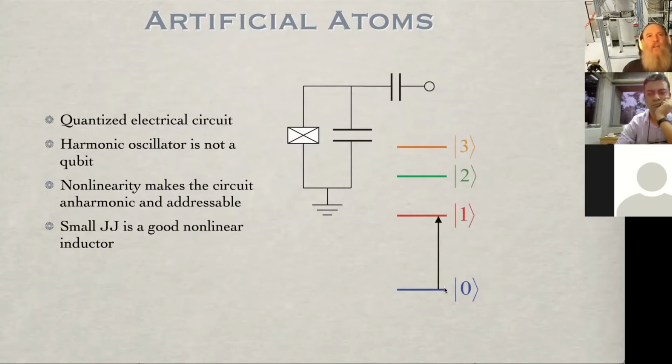So now the frequency or energy of the 0-1 transition is distinct from the 1 to 2 transition. And now I can do quantum control, or say drive Rabi oscillations on the 0-1 transition without leaking out of that subspace.